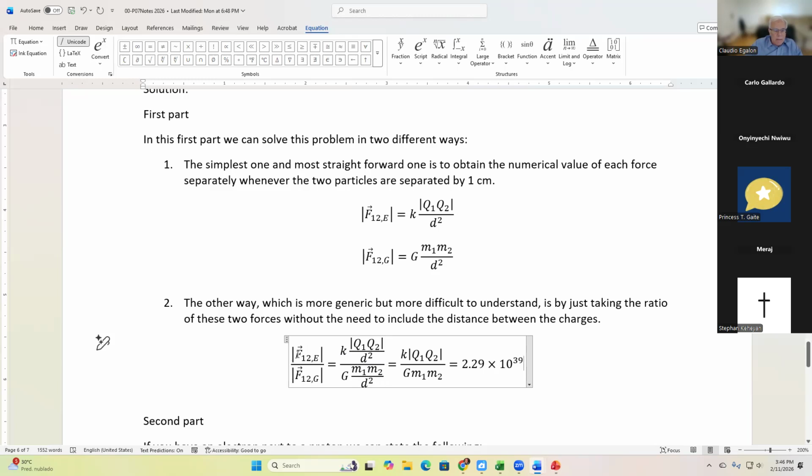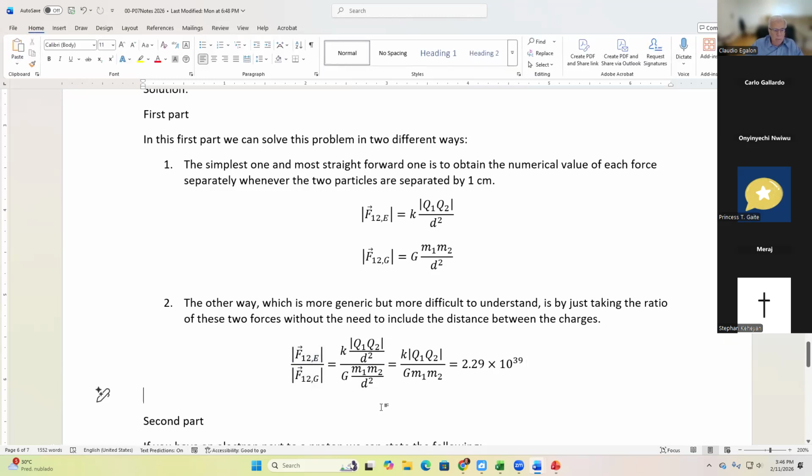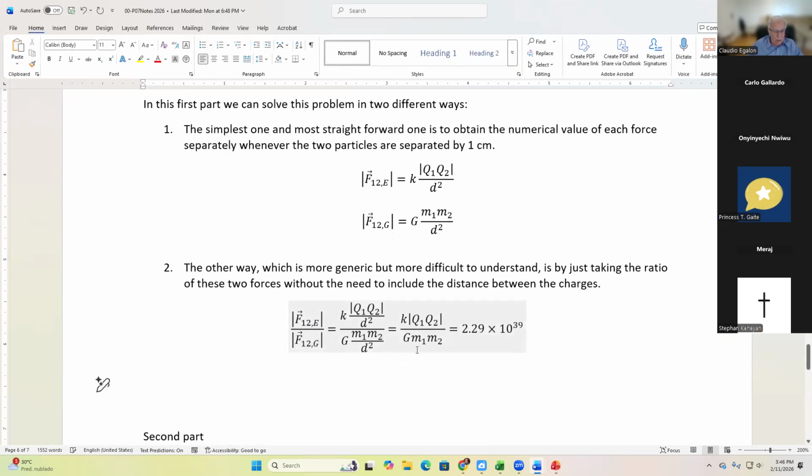It means that the electric force is much larger than the gravitational force. The electric force between those two particles is much larger than the gravitational force of attraction between those two particles.